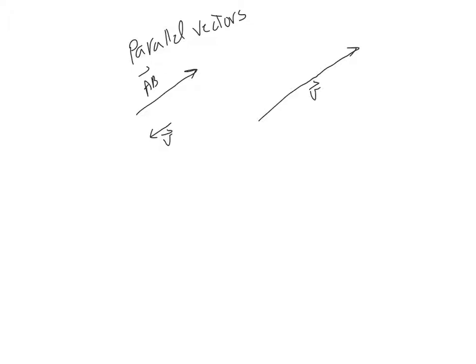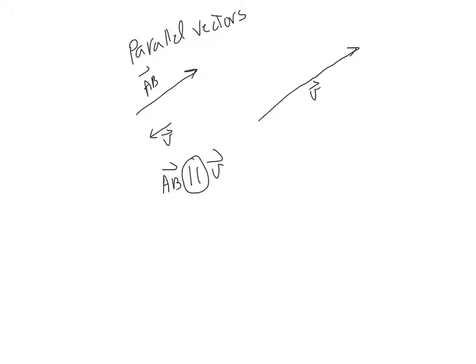The magnitudes are not the same, but the directions are parallel to each other, either in the same direction or in opposite direction. How we represent two parallel vectors, we say AB is parallel to V. We represent them with two vertical lines.